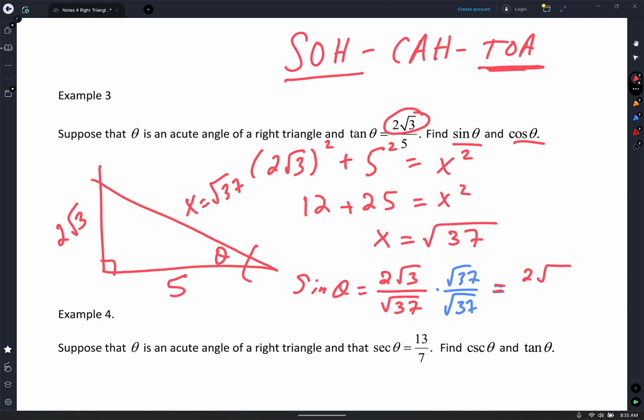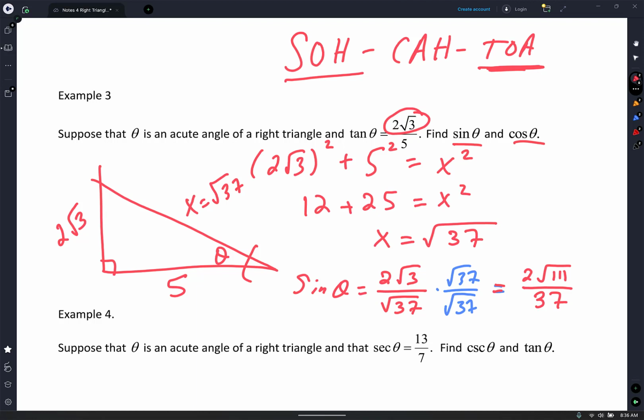Is that 111? 33, 33, 99. And I did that 3 times. 111. Unless I'm wrong. Let me know if I'm wrong. I make mistakes all the time, guys. Over 37. The square root of 111 does not break down. So there it is. Leave it like that.